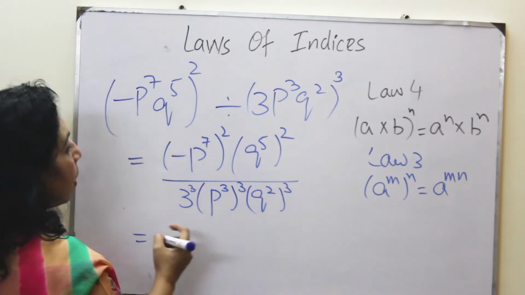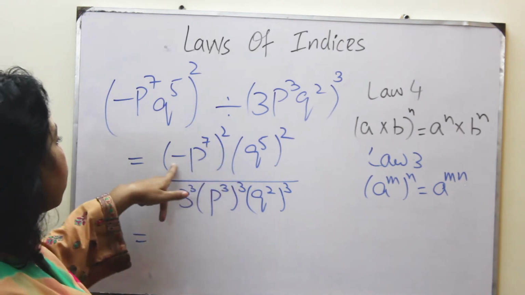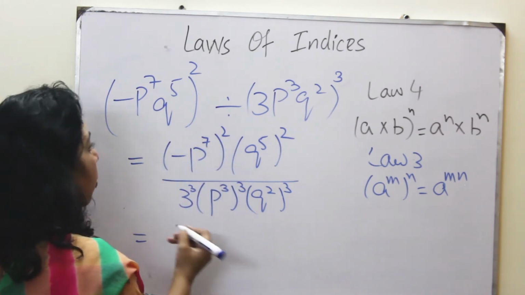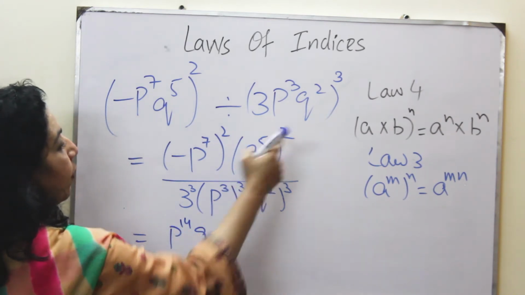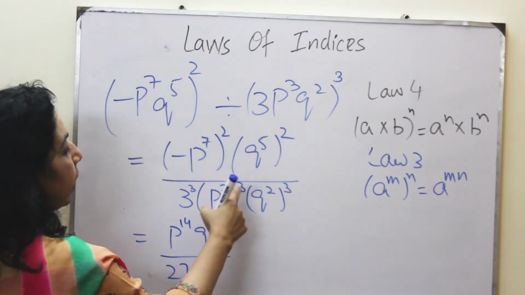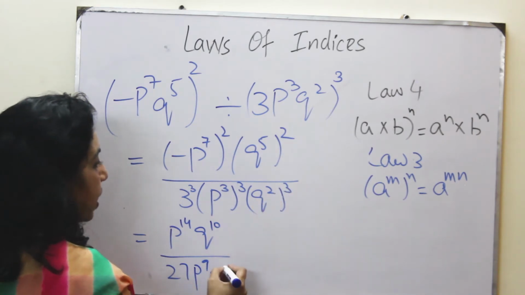You can even directly open it. As you can see that minus p has a even power, so this minus sign will be omitted or skipped. We have p14, q 5 times 2 is 10, over 27. P 3 times 3 is 9 and Q 2 times 3 is 6.